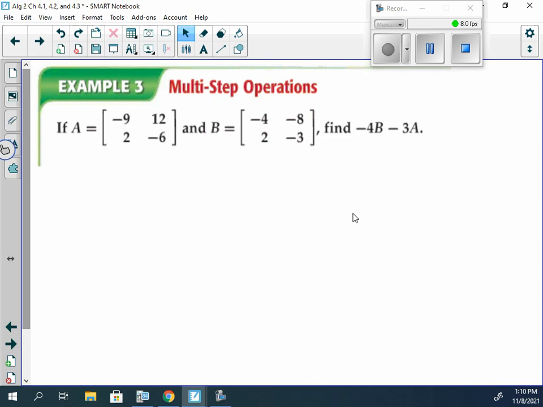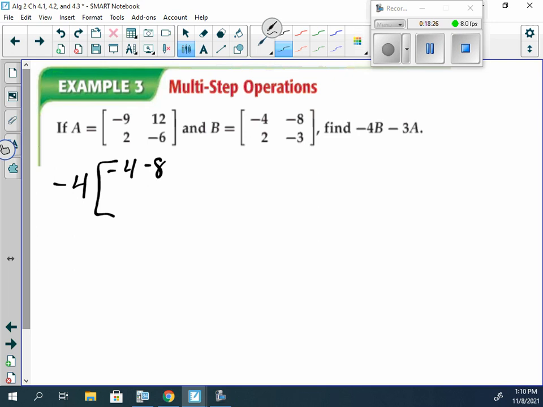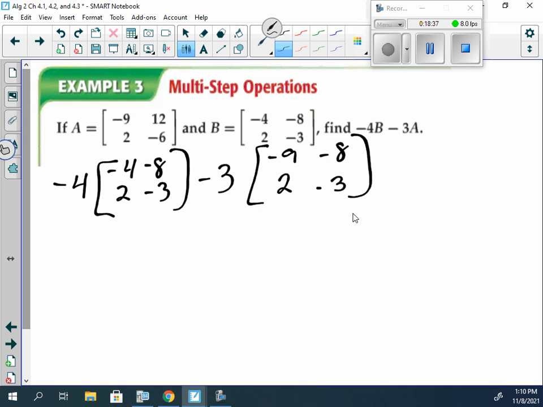Now if we do this by hand, negative 4b, well, 4 times the matrix B, I'm going to show you how to do this by hand, and then we'll look at it in the calculator.